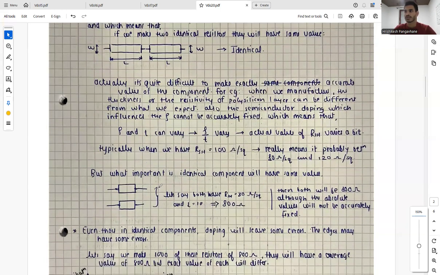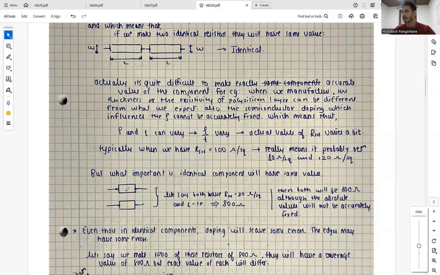Let's say both have a sheet resistance of 80 ohm per square, and the length is 10. Basically, if the length is 10 and the sheet resistance is 80 for both of them, then we will get 800 ohms, and the value of both resistors is the same.